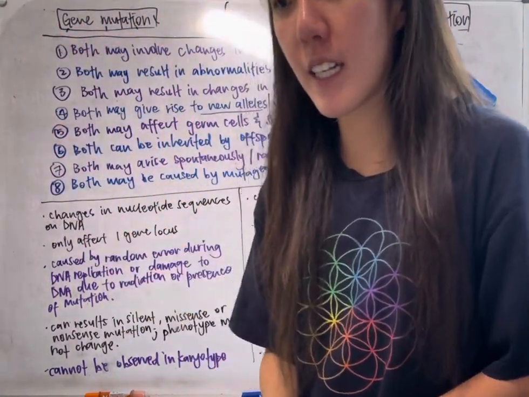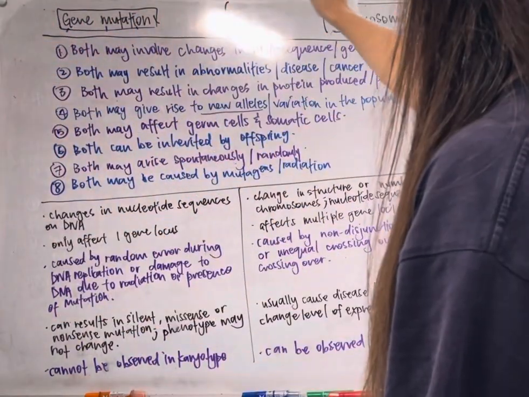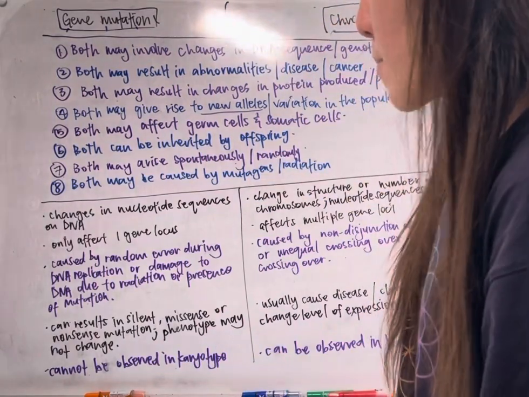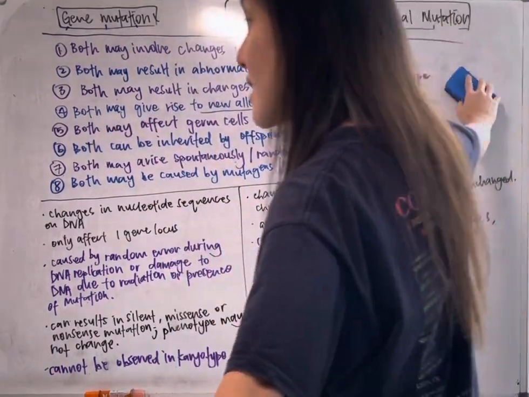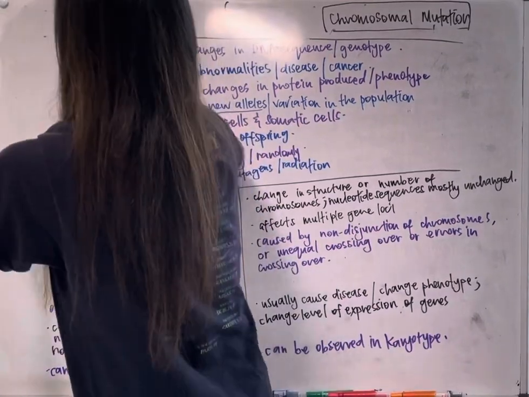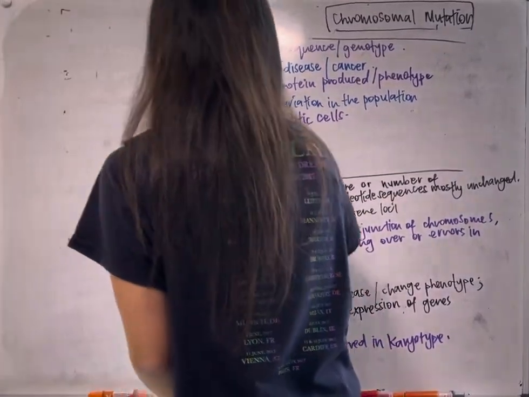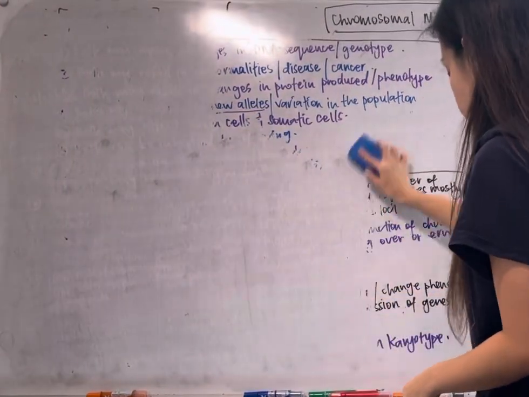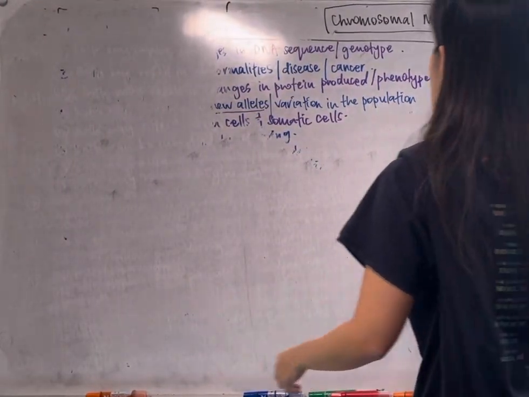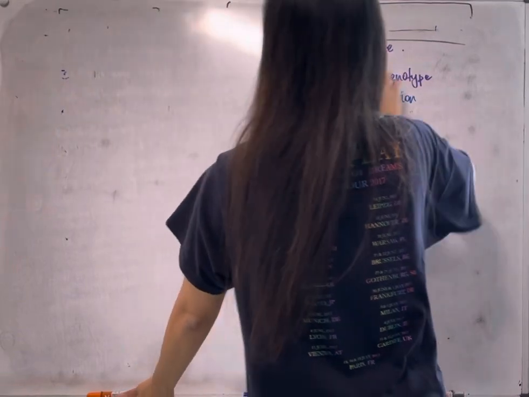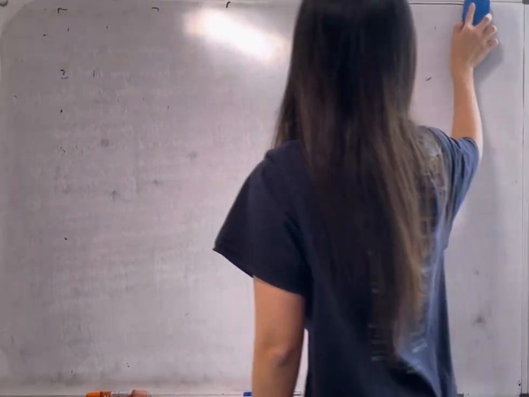Now next one, can I ask? Why do we study gene mutation and chromosomal mutation? Because we need to learn tumor formation and cancer formation. I'm not going to go through the difference between cancer cells and normal cells.